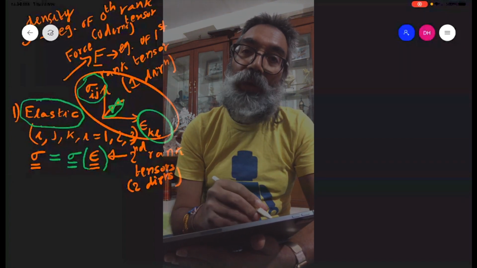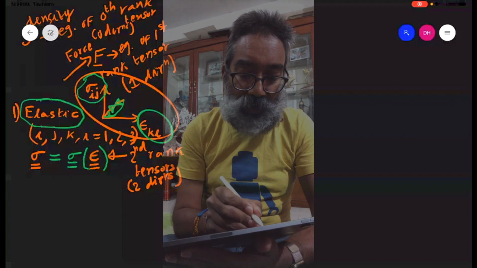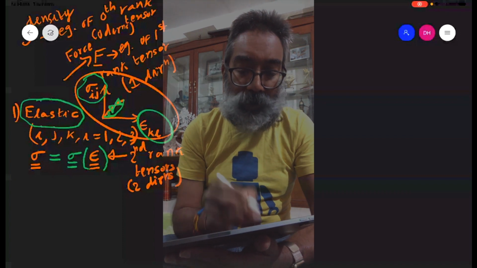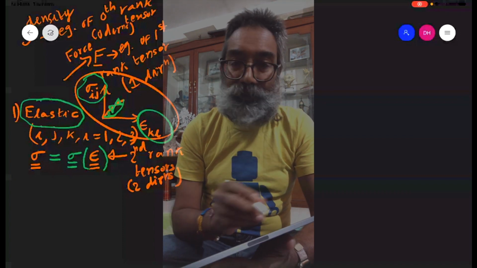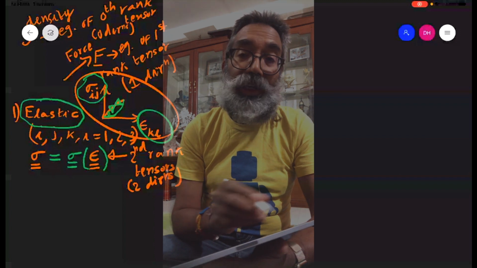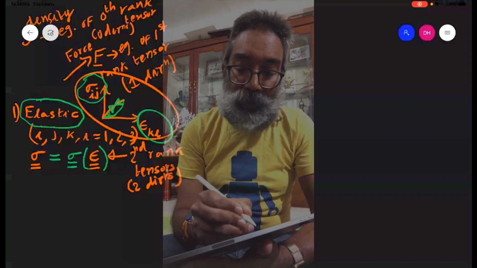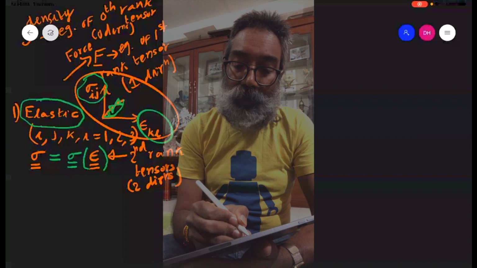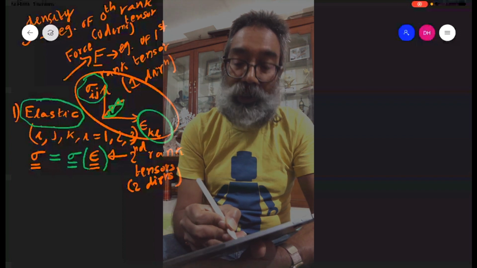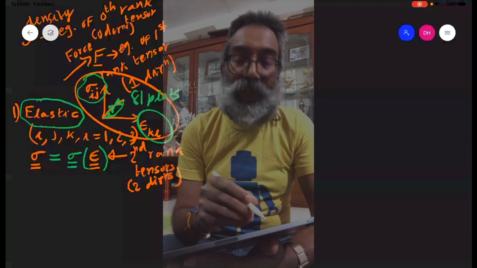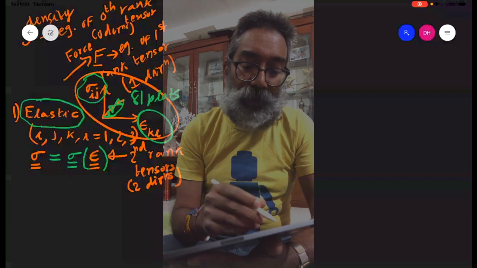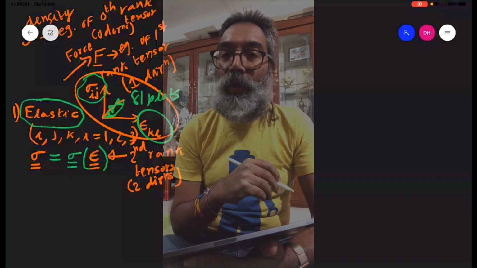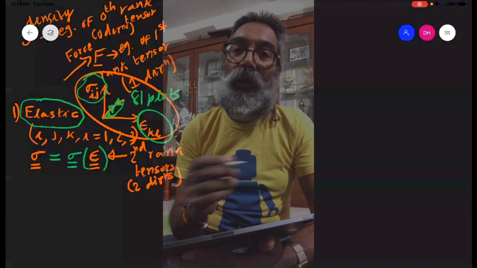It's all happening on the same path, because for a given set of epsilon k l, of course, you have 9 into 9, 81 such plots. This is not the only plot that we are talking about. We are talking of 81 such plots, and each one of those plots has a behavior like this, that it is loading and unloading along the same path.